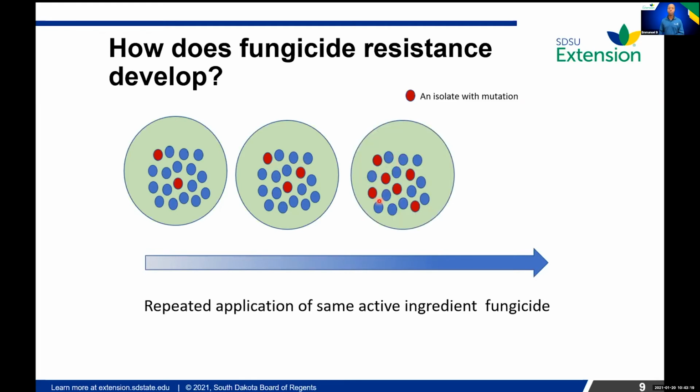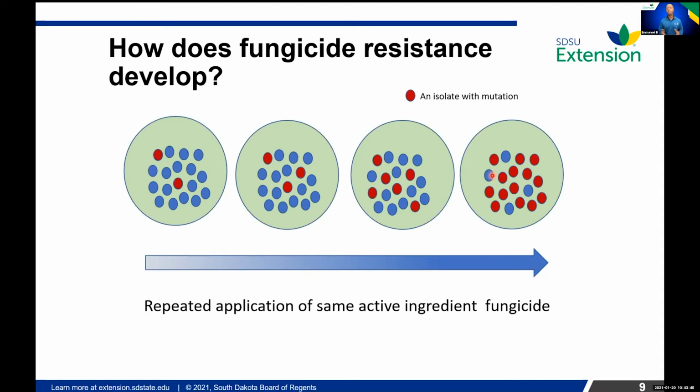And the red ones, because now they don't have any competition, thrive better and dominate. And so that's what happens when one fungicide that has one mode of action is applied over and over. Over time, again, we select for that isolate that has the mechanisms to survive the fungicide.